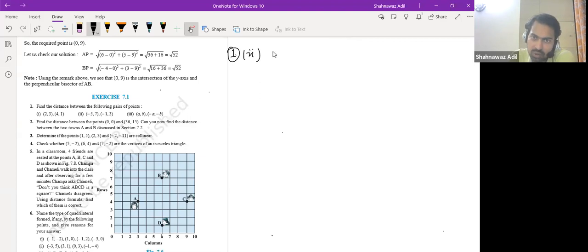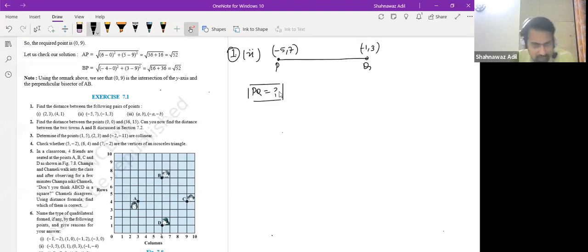So we have this point which is (minus 5, 7), and the other point which is (minus 1, 3). So P is this, Q is this. Please calculate PQ and tell me what is the distance.